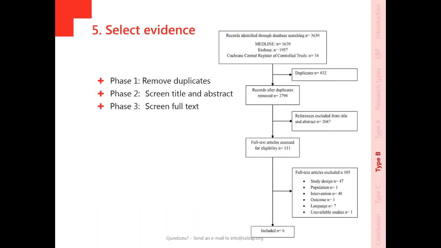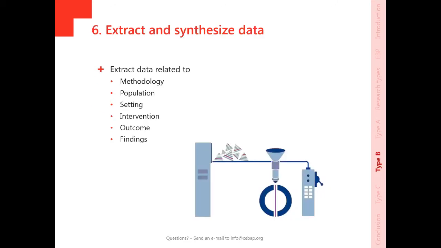As you can see in the flowchart, only 6 studies remained and were included in the review. The data from these 6 studies is then extracted, and we extract data related to the methodology, the population, the setting, the intervention, the study design, the outcome, and of course, also the findings.